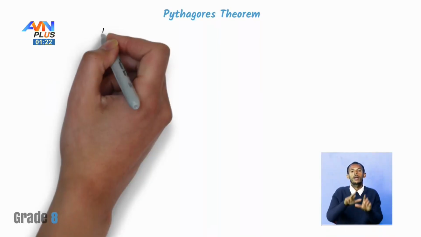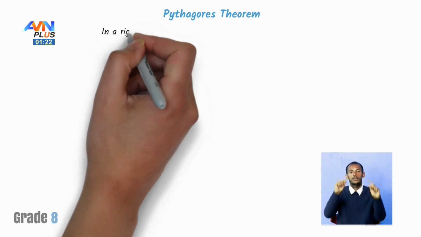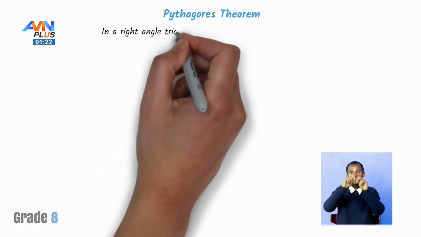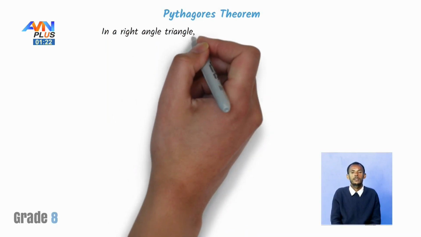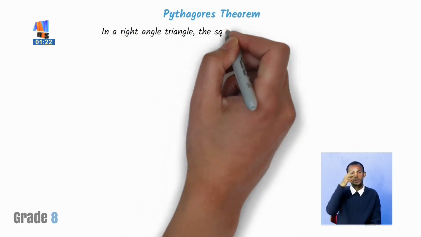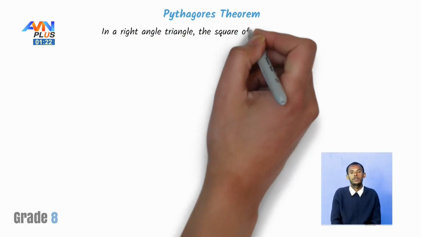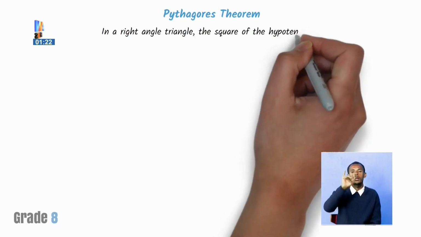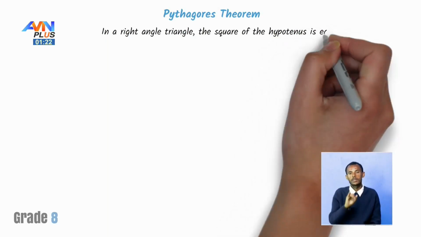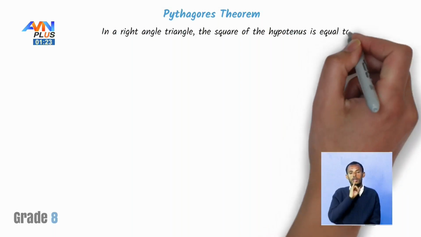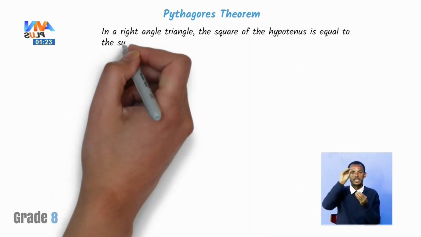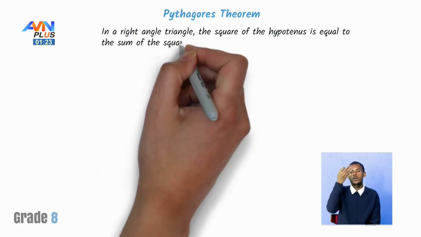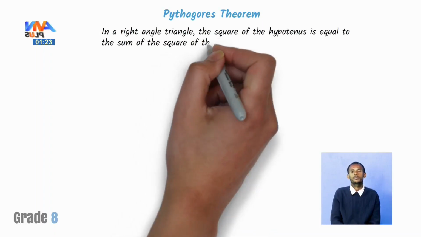In a right angle triangle, the square of the hypotenuse is equal to the sum of the squares of the two legs.